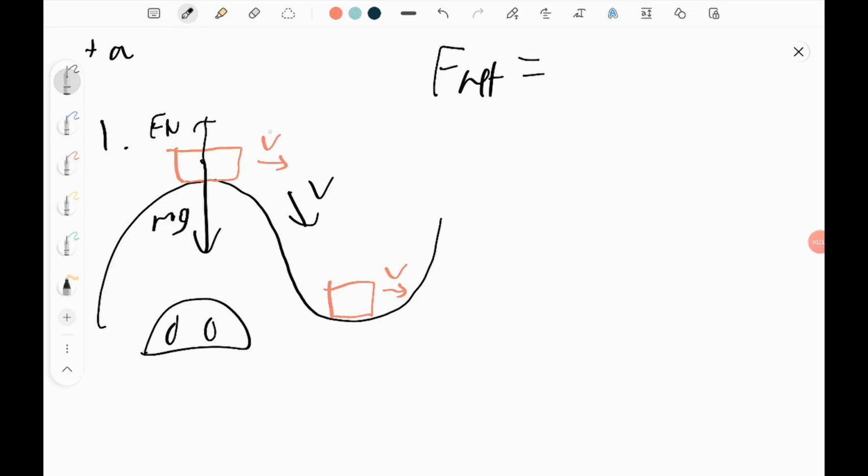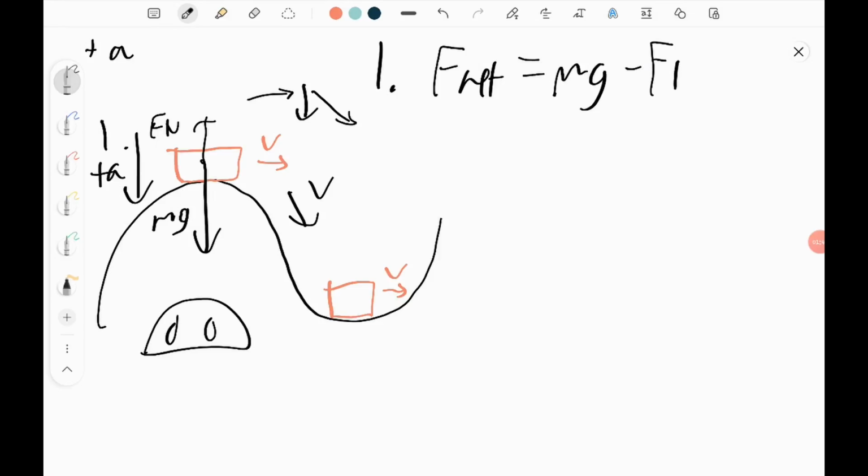If the velocity changes from going to the right to going to the right and down, then we have a downward net change in the velocity, which means that at the top here, the acceleration must be downward. So our positive acceleration is going to be downward, and our net force in case 1 at the top is equal to mg minus the normal force. So mg is greater than Fn in the first case.